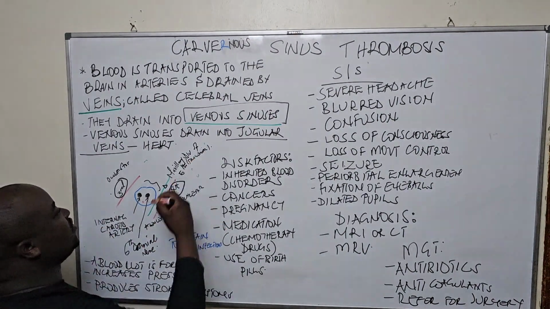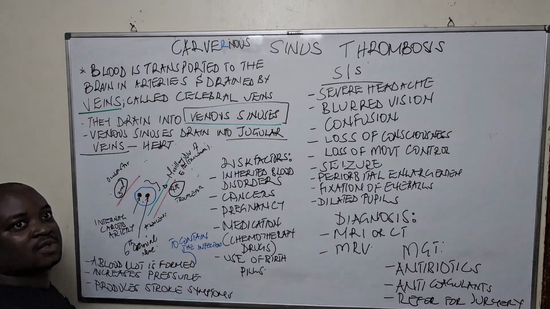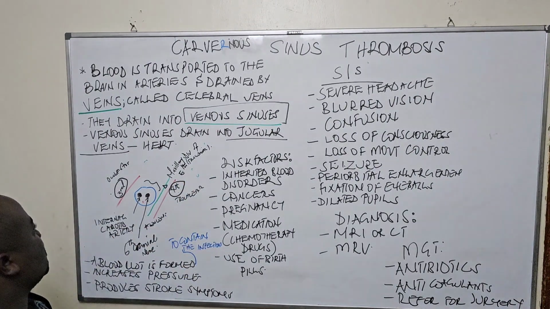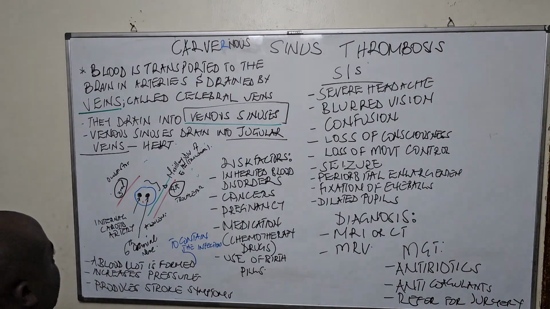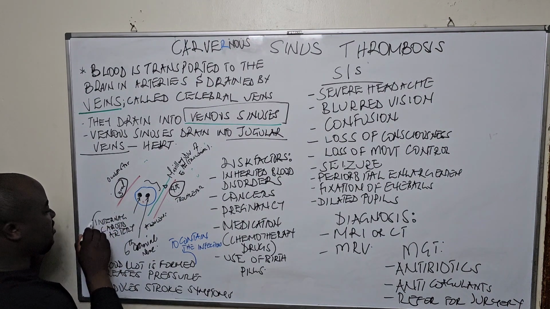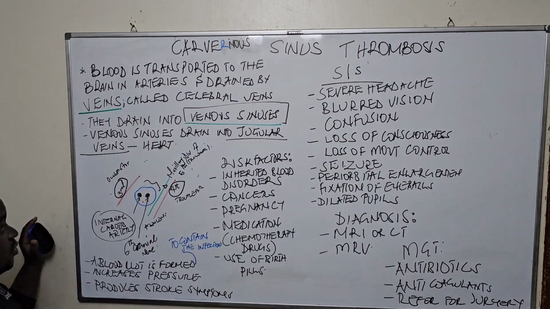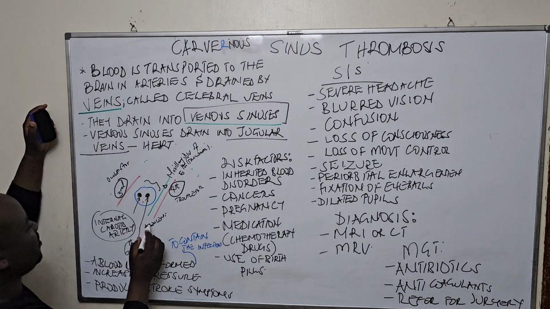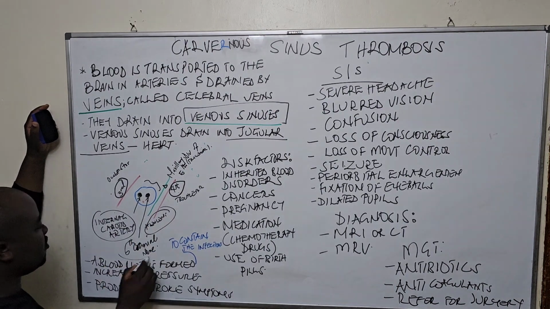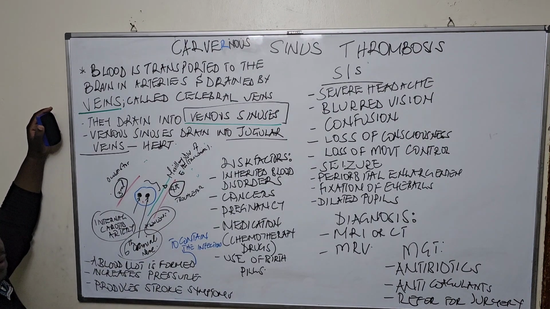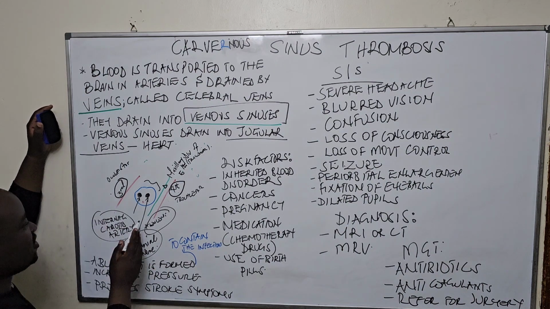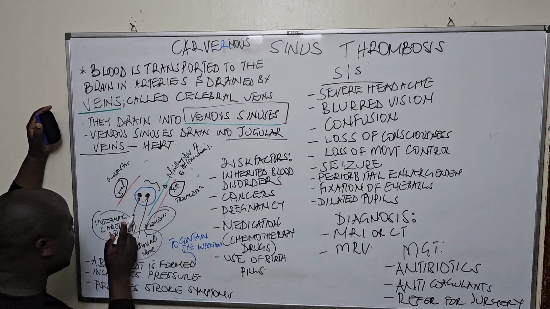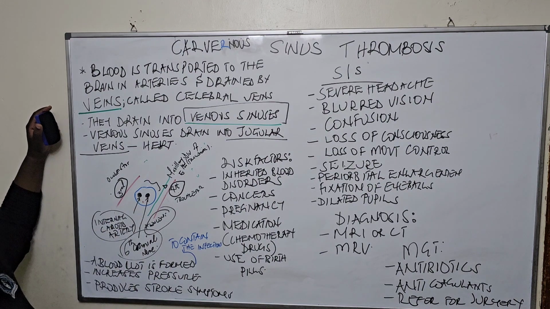We have the fifth cranial nerve, the trigeminal. So all these ones are in the sides. Inside it, we have the internal carotid artery passing through this cavernous sinus. We have the abducent nerve, or the sixth cranial nerve. I will not go into functions, but all these are passing through the cavernous sinus. So it is very important.